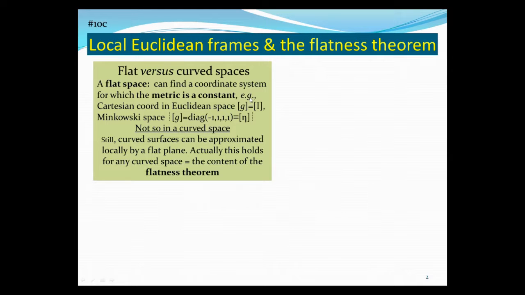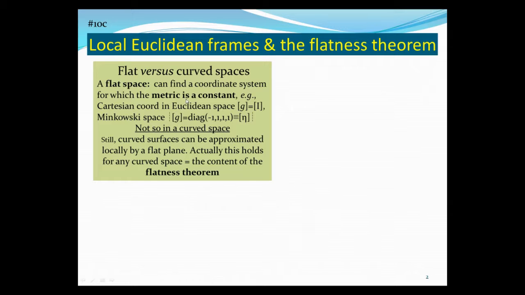For example, in four dimensions it will be a diagonal matrix with 1, 1, 1, 1 on the diagonal, off diagonal 0. For a Minkowski space, the metric will also be constant. In this case, the diagonal elements are minus 1, 1, 1, 1, which we call the eta matrix.